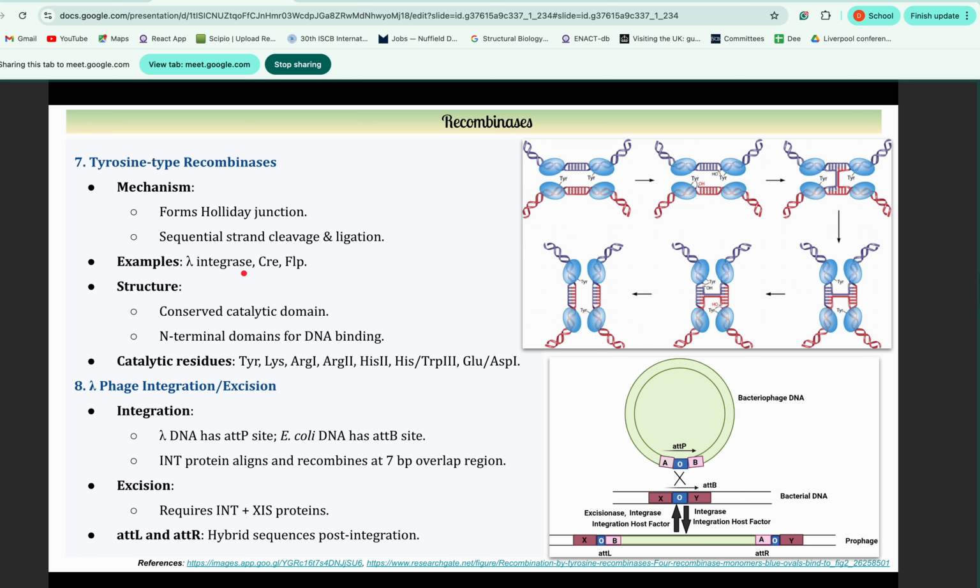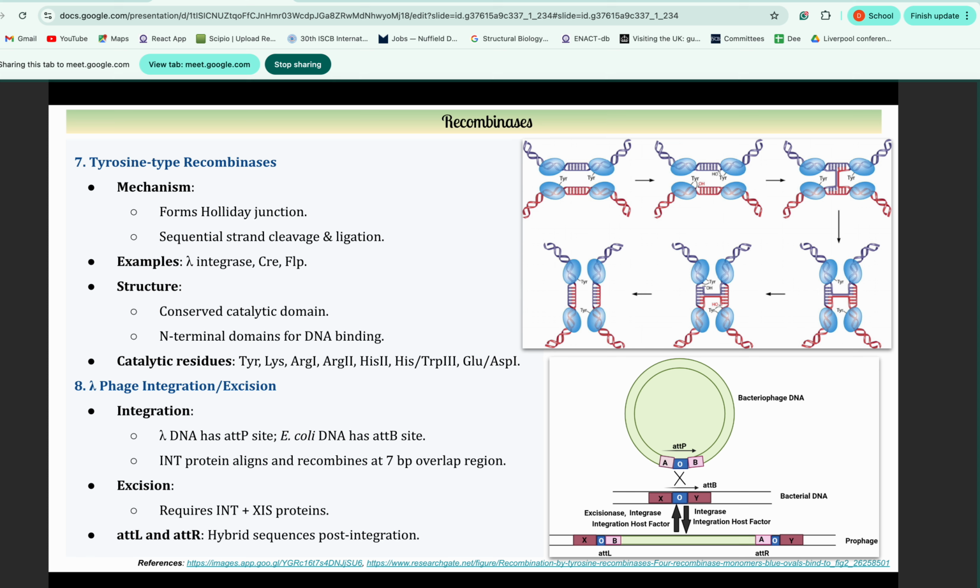The examples of tyrosine type recombinases are lambda integrase, Cre and FLP. Its structure has a conserved catalytic domain and N-terminal domains for DNA binding, and these are some of the catalytic residues. Tyrosine type recombinases are big enzymes.